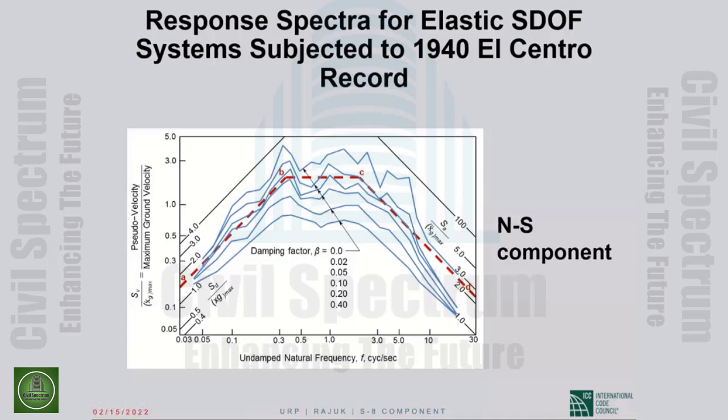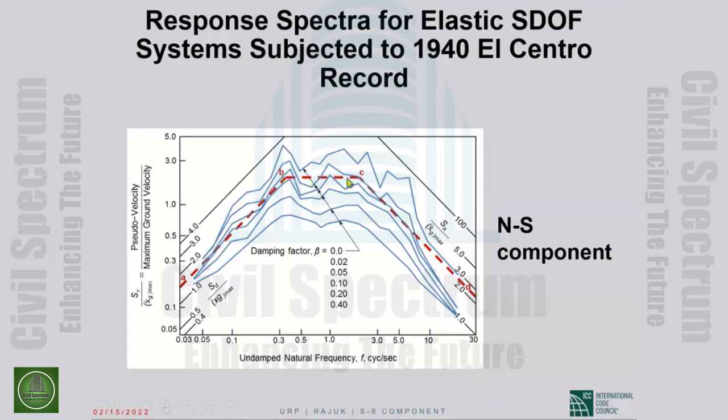The plot is for the 1940 El Centro north-south component, but this observation of Professor Newmark is across the board. The spectral acceleration along the constant acceleration part of the spectrum is 2.5 times the peak ground acceleration. And we will use that relationship all over the place.